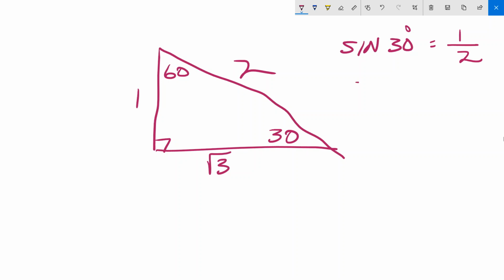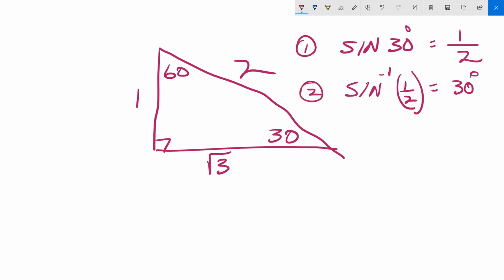You take inverse or arc, what does your class refer to it as? We take inverse trig functions of ratios to get angles. So if number 1 is true, number 2 is also always true. You with me?